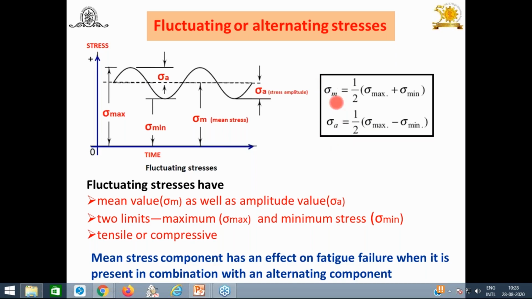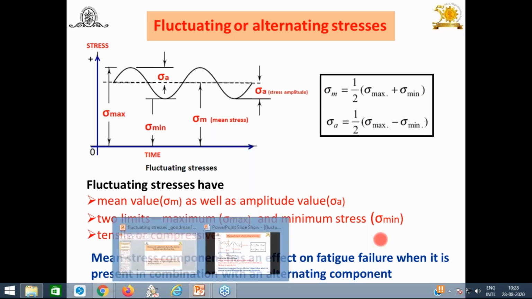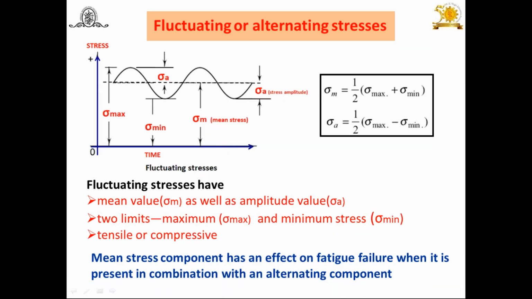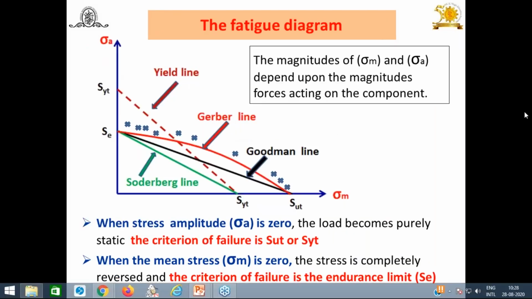That means you have to find the mean stress as well as the amplitude stress based on the maximum stress and the minimum stress on the component. Here the mean stress component has an effect on fatigue failure when it is present in combination with the alternating stress. But how to tackle such a problem? I am going to say such problems are solved by using the fatigue diagram. Try to understand, such problems are solved by the fatigue diagram.